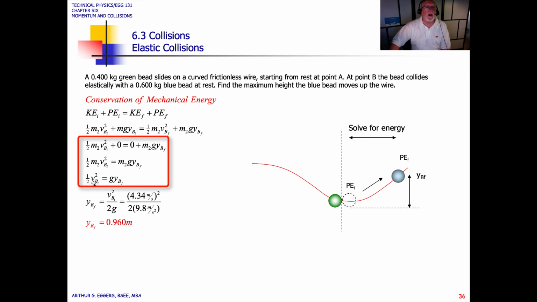I get 1/2 v squared B initial equal to the acceleration of gravity times the height. The height y B final is equal to velocity squared of bead B initial divided by 2 times the acceleration of gravity, and I get a height of 0.960 meters that the blue bead goes up the wire.